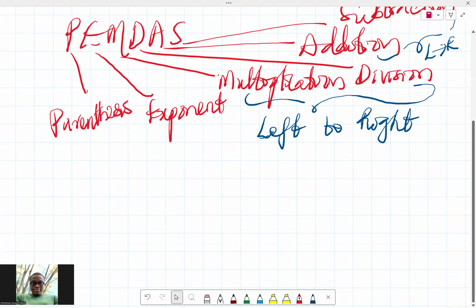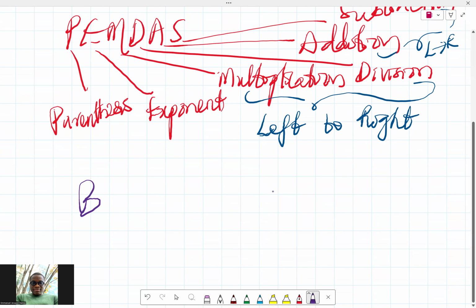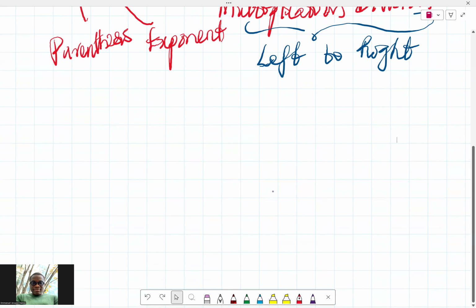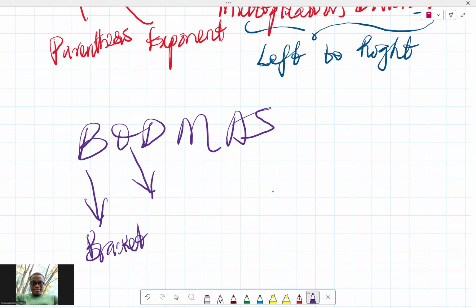Now that's one approach. The other approach, I guess, is more of the British thing, and that is BODMAS. That is the one I was brought up with. BODMAS is bracket, which is like parenthesis above, then 'of', like if you have 1 over 2 of 5.